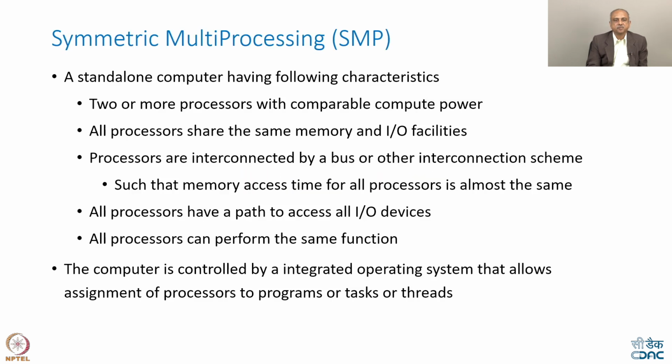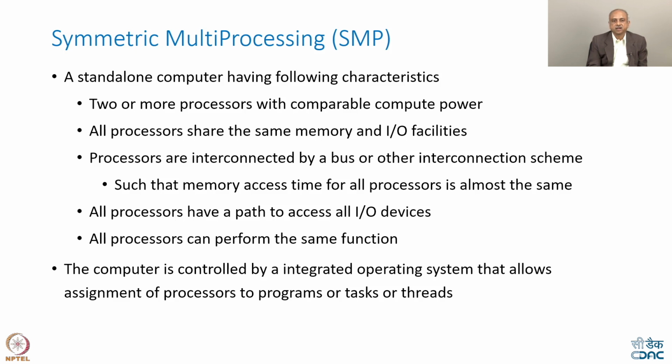Now, coming to the SMP architecture, its definition says that a computer system having two or more processors with similar CPUs will qualify to be an SMP. The characteristic of these processors with respect to the memory system is that all the processors will share the entire memory as well as IO facilities.